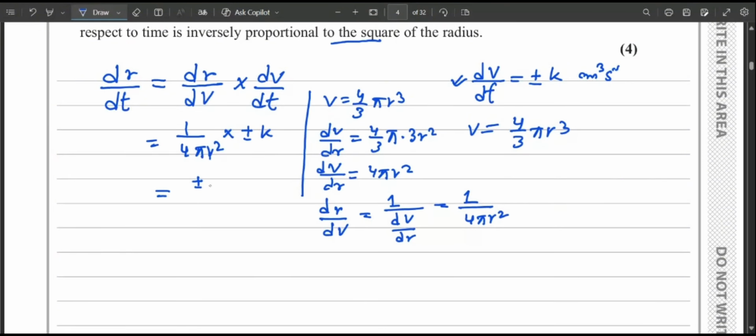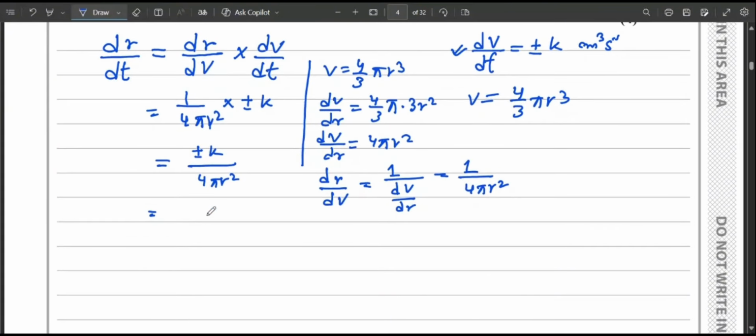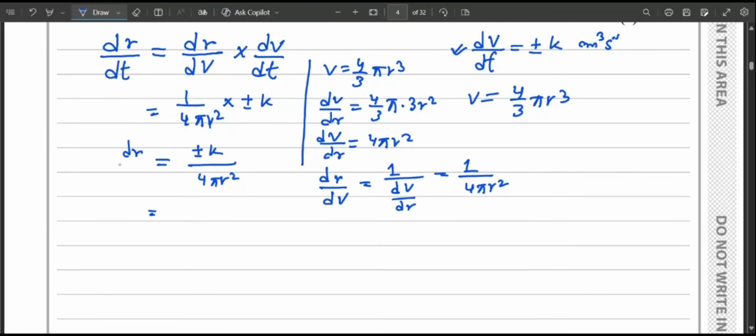So ultimately this will give us plus minus k divided by 4 pi r square. From this we can now see that dr by dt is equal to plus minus k divided by 4 pi r square. I can write out the constant terms together. These terms are constant in our expression here.